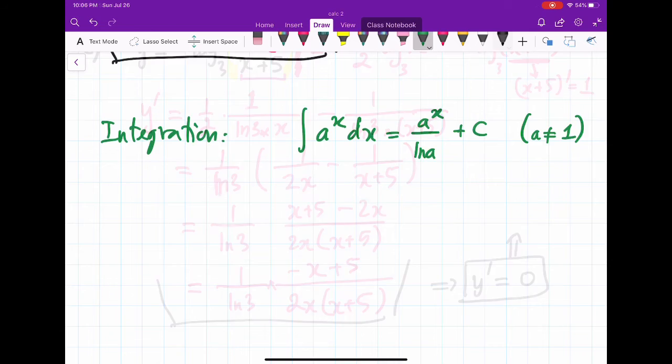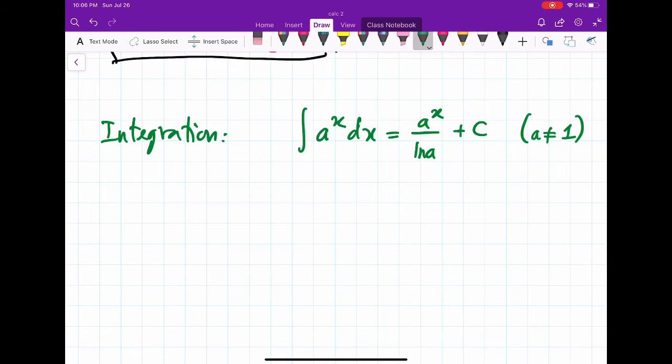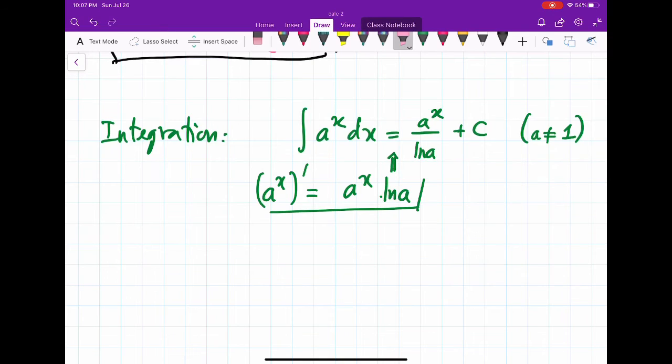All right. Now let's talk about integration of exponential functions. Since the derivative of a to the x is equal to a to the x times ln of a, from this we integrate both sides, and we get this formula. Of course, a should not be 1, right? Because if a is 1, there's nothing to do.